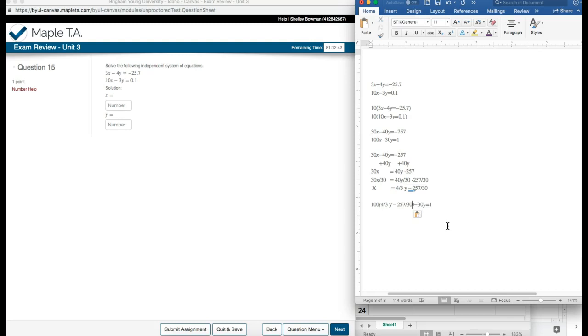All right. Now we need to, using the distributive property, multiply it by 100. So I have 400 divided by 3. I don't think anything simplifies that nicely, so we'll just leave it as 400 thirds y. And then multiplying that by 100, we can simplify 100 times this.